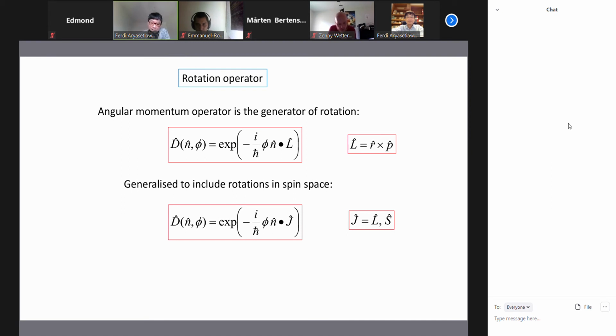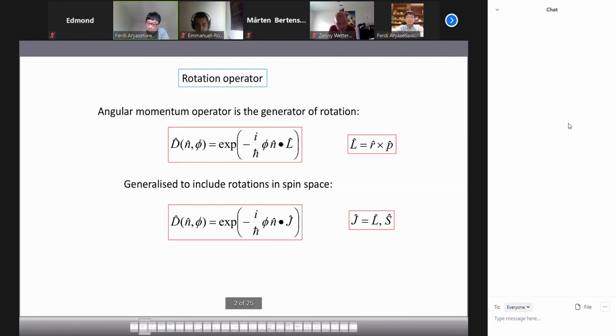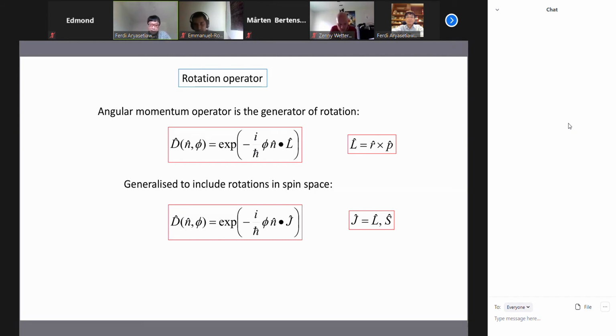Then we generalized this to include rotations also in spin space. So the J here can be the L, but can also be a spin S, and maybe some other operators that behave like angular momentum. So this is the basic expression for the rotation operator.